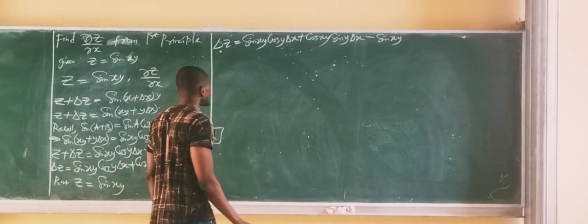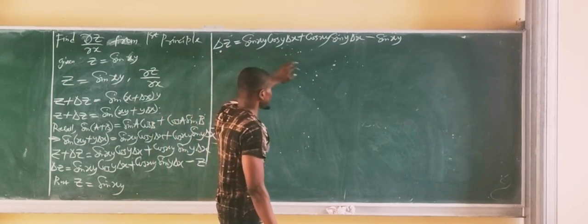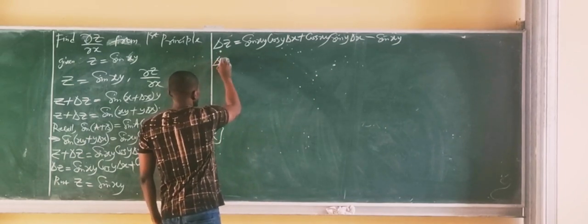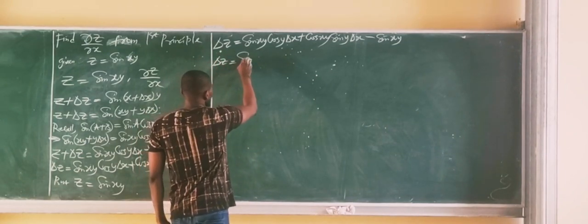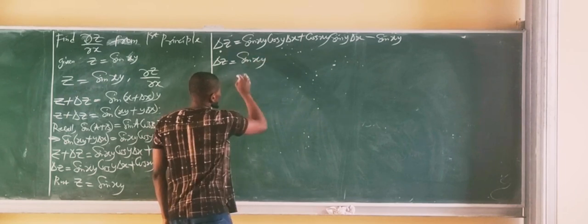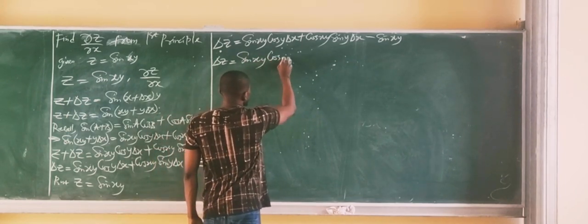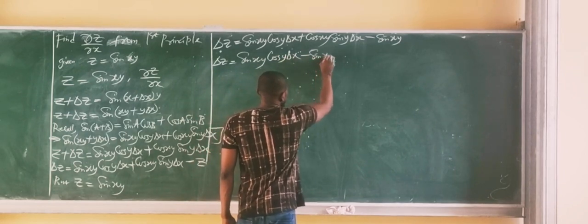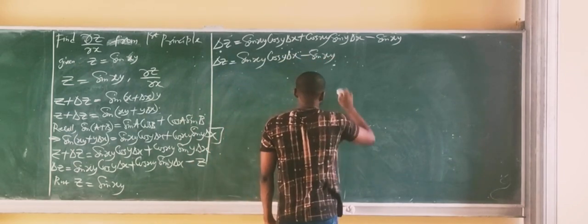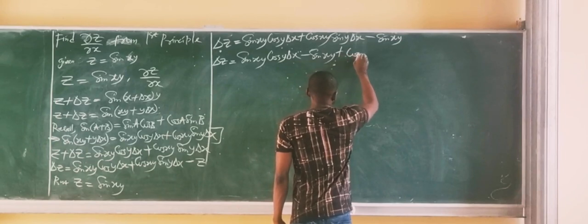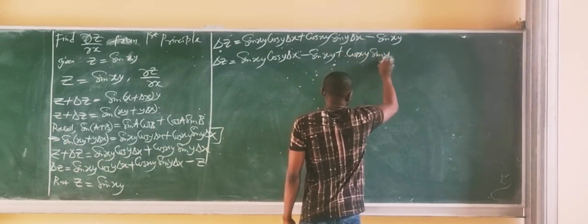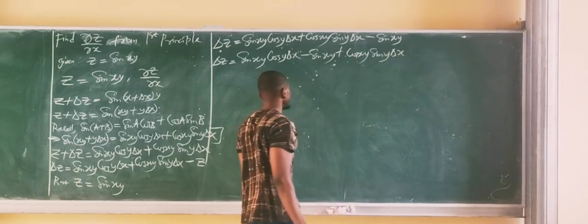So collect like terms together. There is sine xy here and sine xy here. So change in z is equal to sine xy cos (y change in x) minus sine xy plus cos xy sine (y change in x).